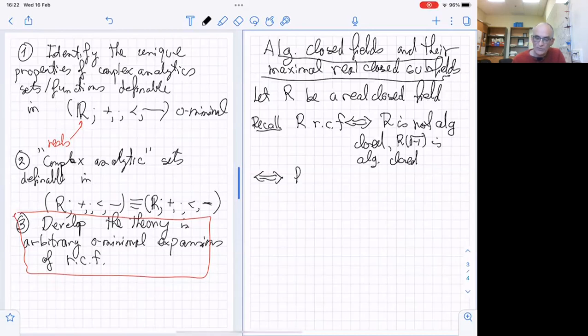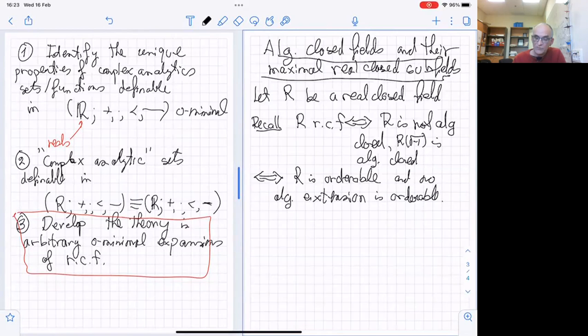Or maybe I'll put another, equivalent definition. R is orderable as a field, so it means you can put on it an ordering, but no algebraic extension of R is orderable. No algebraic, what's called formally real sometimes, extension is orderable.